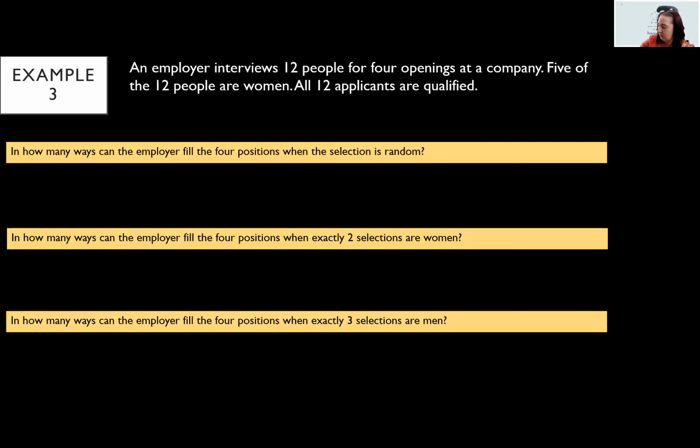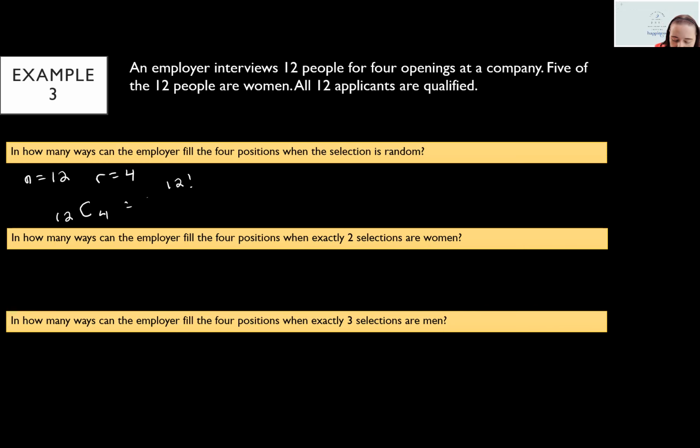So if they're all qualified and they're just picking people totally randomly, you've got 12 people and you're choosing 4 because there are 4 positions. So your n is 12 and your r is 4. So we're doing 12 C 4.